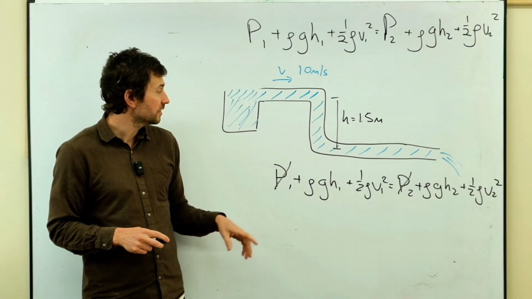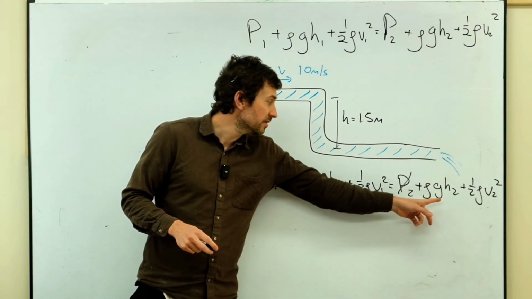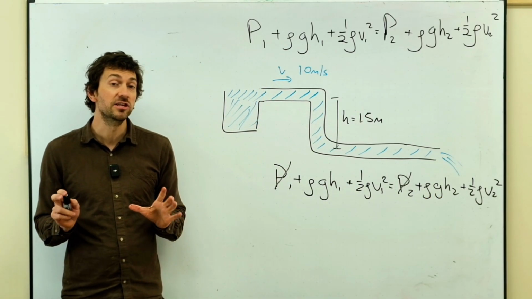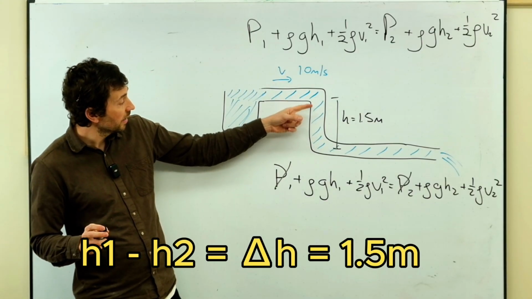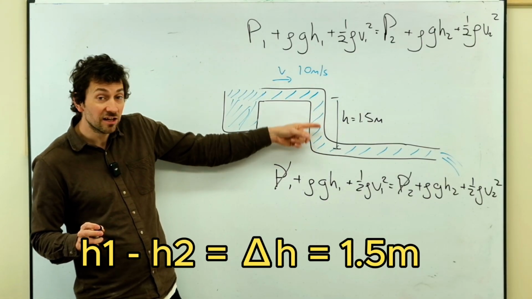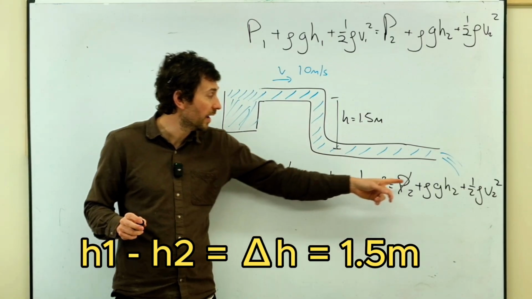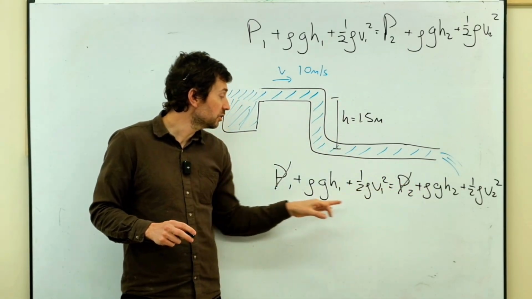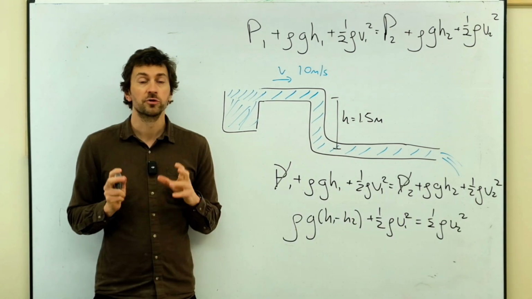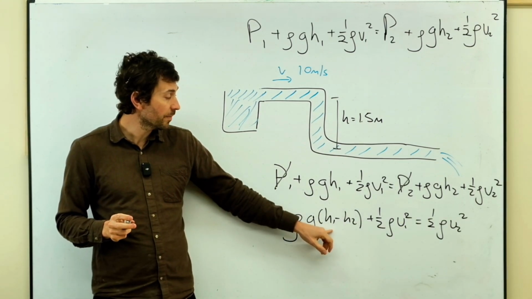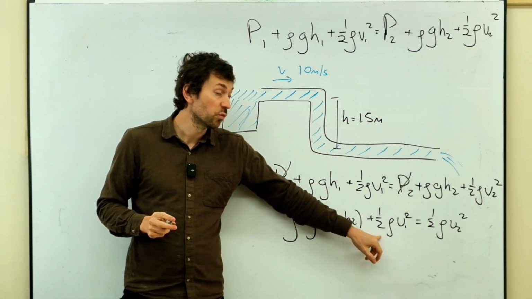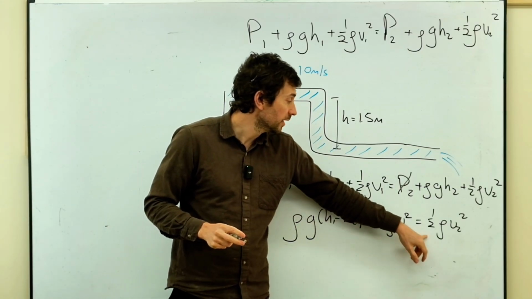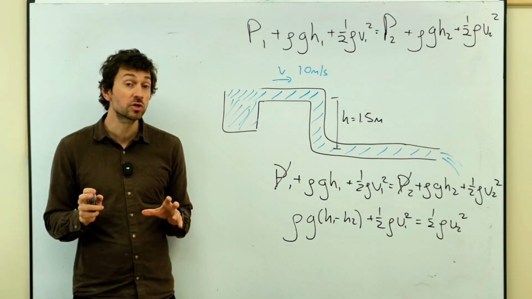And then we can also say that this H1 and this H2, that's like the difference in height. So if I think about that, the delta H there is H1 minus H2. So I'm going to put these two terms together. So we get rho g (H1 minus H2) plus 1/2 rho V1 squared equals 1/2 rho V2 squared.